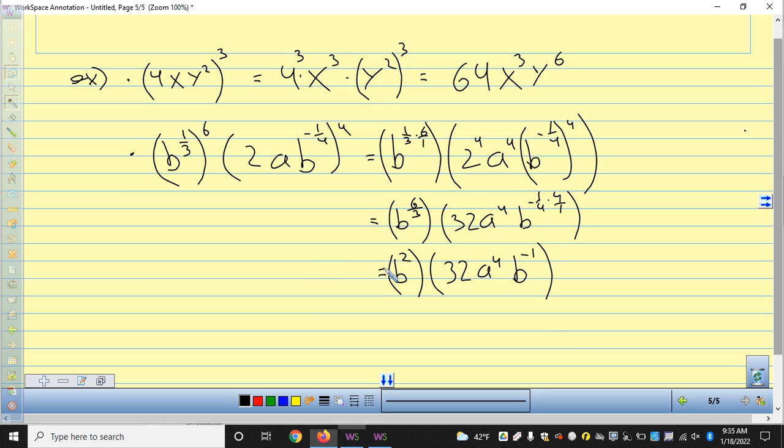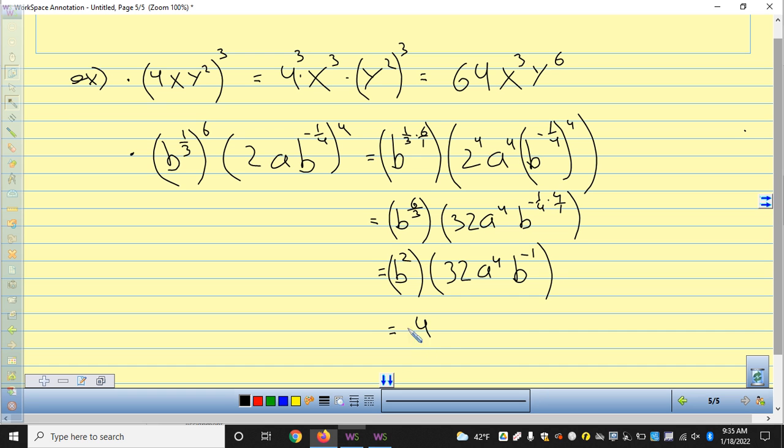Well, here I have b squared and b to the negative 1. They're being multiplied. So what do I do with the exponents here? What operation do I do to them? We're multiplying things raised to an exponent, so we add. We multiply when it's a power to a power. Those two are kind of easy to mix up. So 2 plus negative 1 is 1.